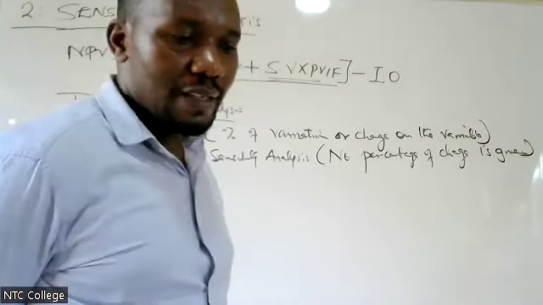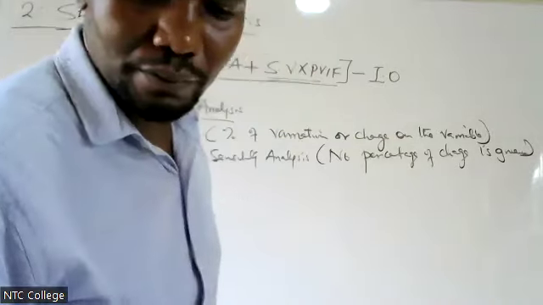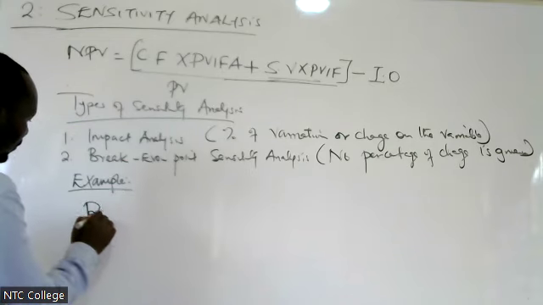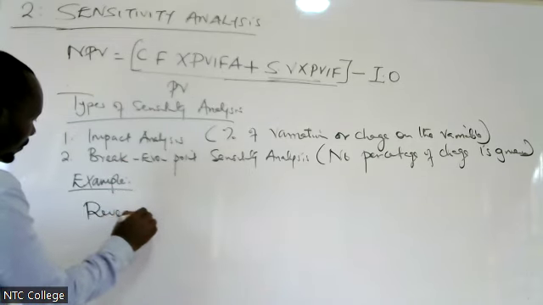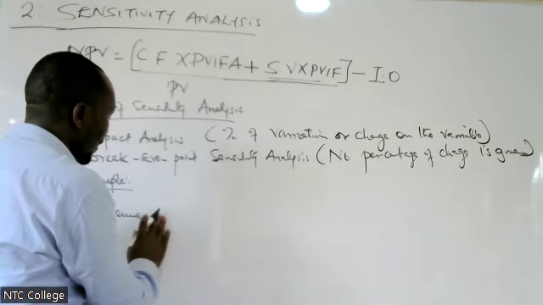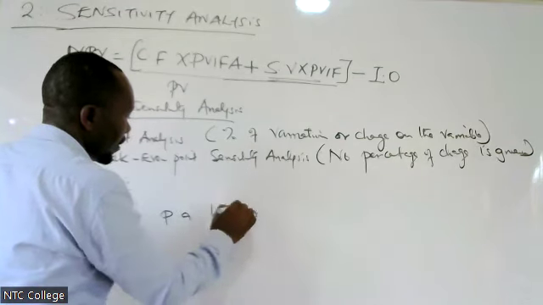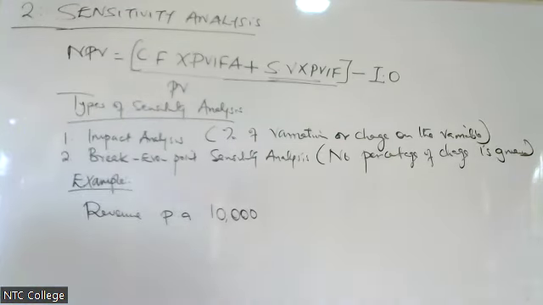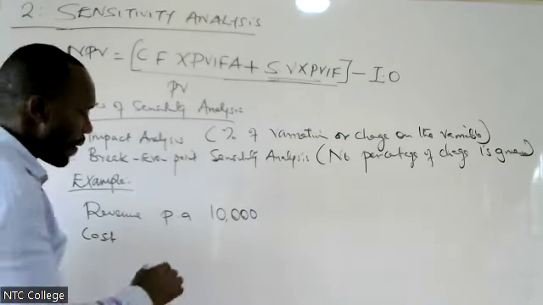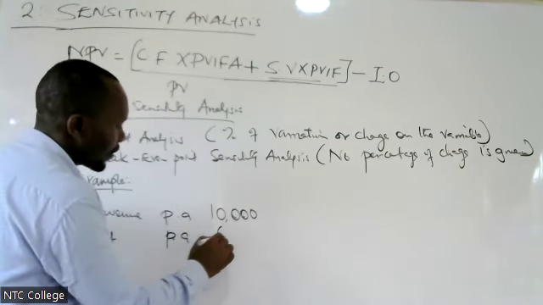For example, let's say that we have revenue. In case revenue is given per annum as 10,000, then we have cost per annum of 6,000.